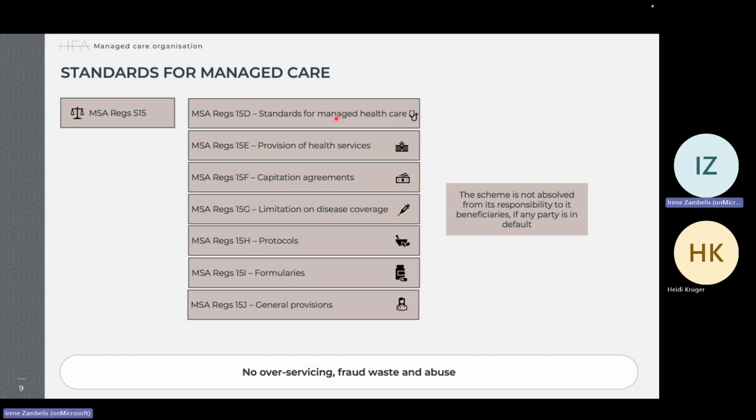That responsibility to the members will always be by the scheme. So that is also something that comes through pretty strongly in the regulations.